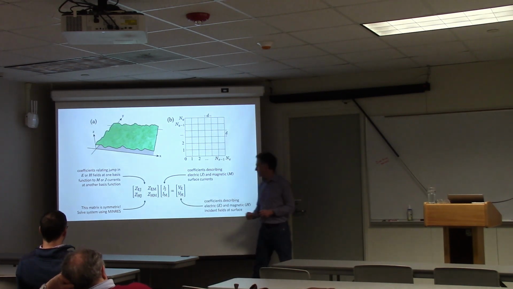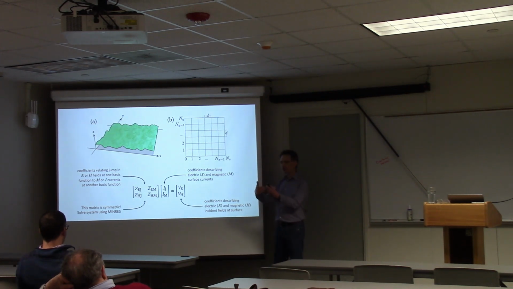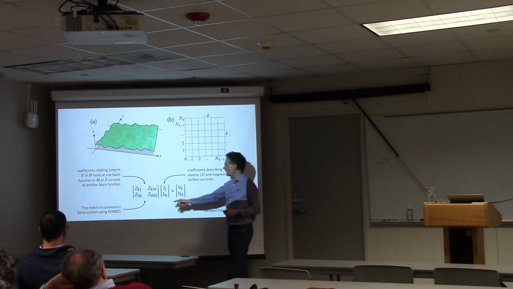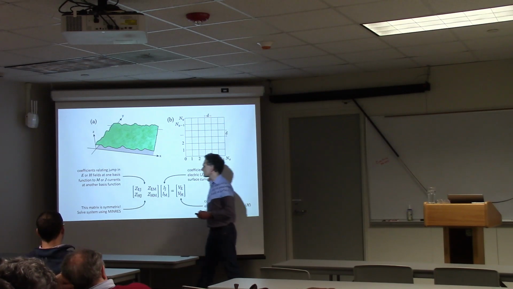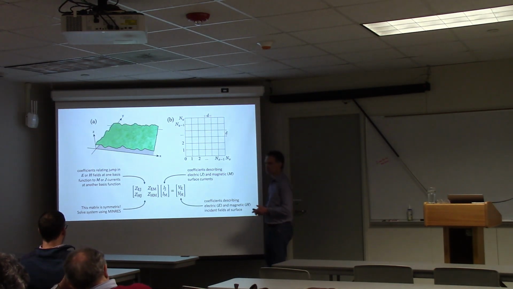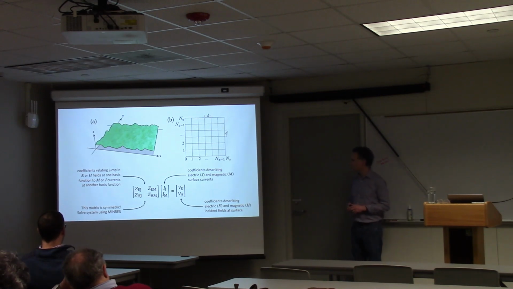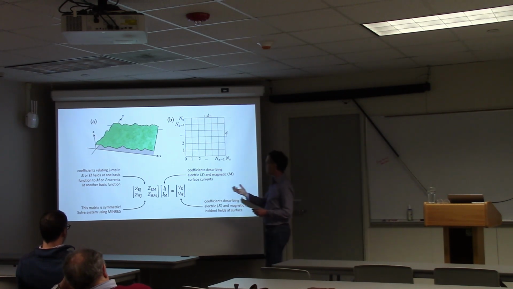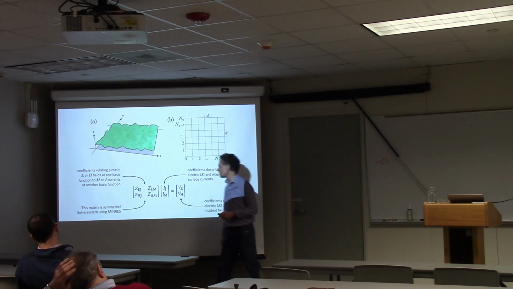I have a known vector, which is coefficients describing the incident field on the surface. And then I have a matrix that tells me how these currents influence the boundary conditions. So that matrix, if you fiddle with things a little bit, can be made into a symmetric matrix. So it's a symmetric matrix with complex valued entries.